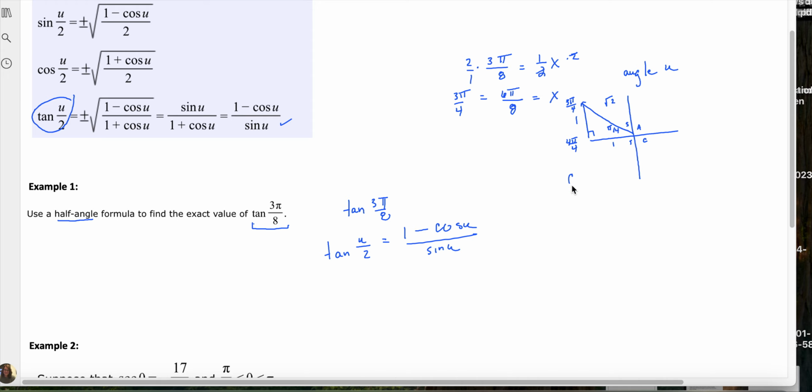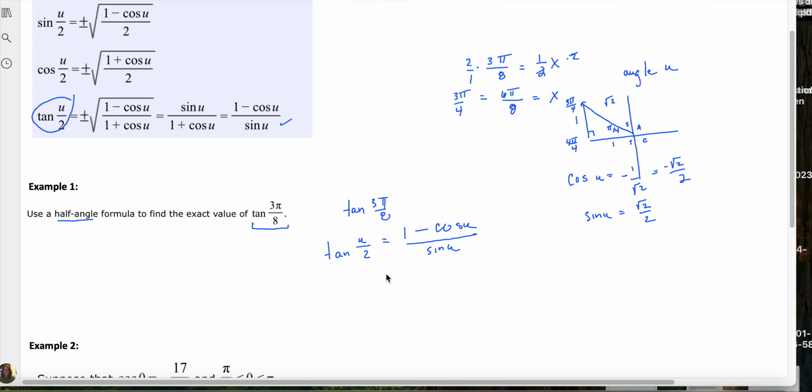So cosine of u would be negative adjacent over hypotenuse, so negative 1 over the square root of 2, or negative square root of 2 over 2. And sine u is the same thing, except it's positive in the second quadrant, so square root of 2 over 2.